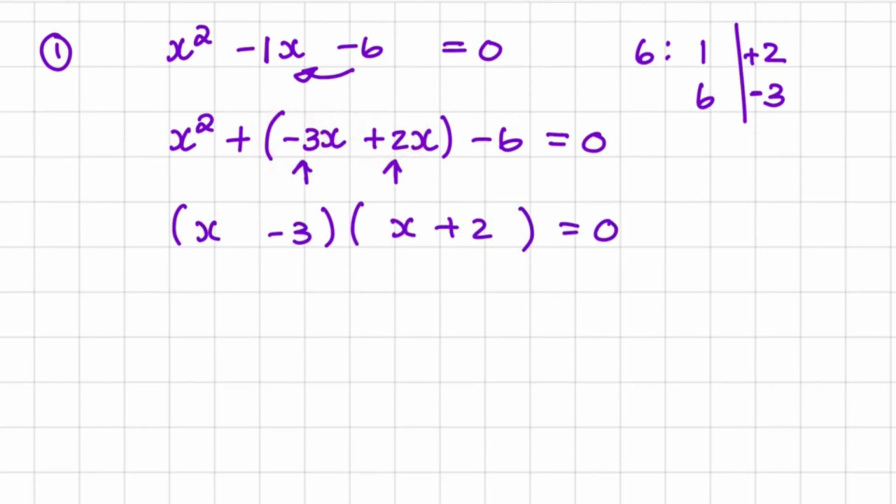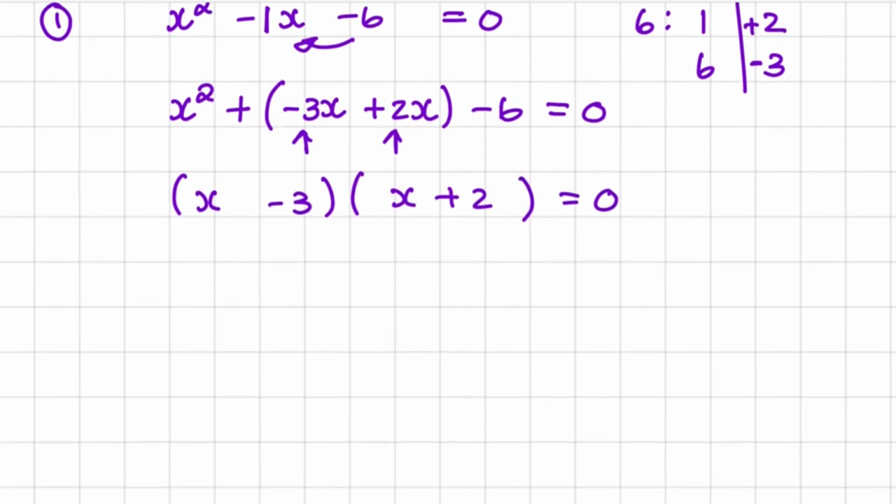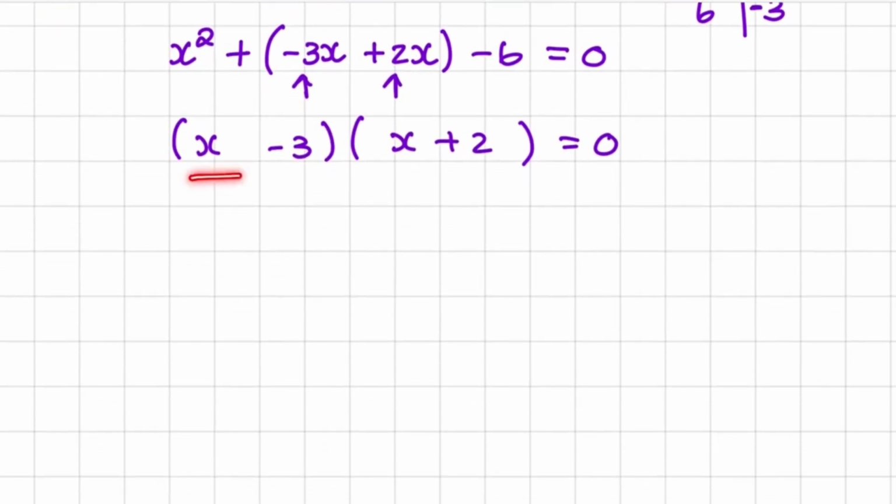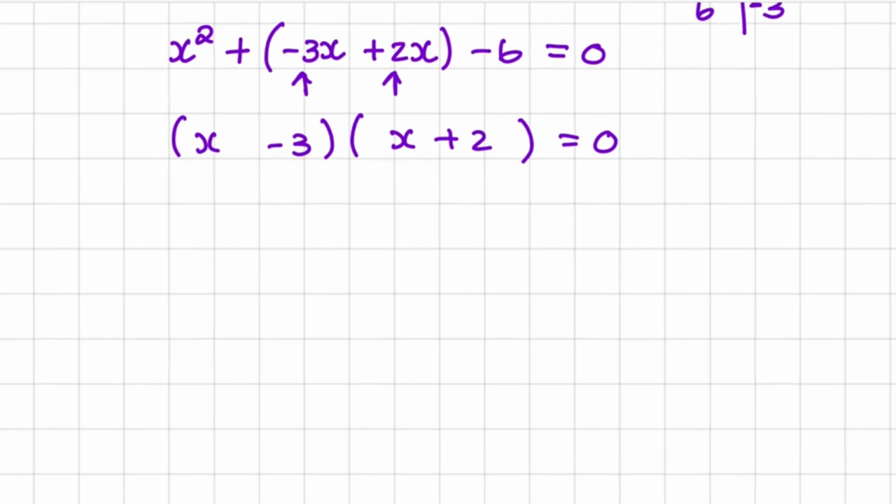Now there are other methods that your teachers would have taught you, and you are welcome to use whatever method you learned in grade 9. Now we have x minus 3 times x plus 2 is equal to 0. And I ask myself, what value of x do I need to have in the first bracket to make the bracket equal to 0? So we say x minus 3 must become equal to 0, and that is x is equals to 3.